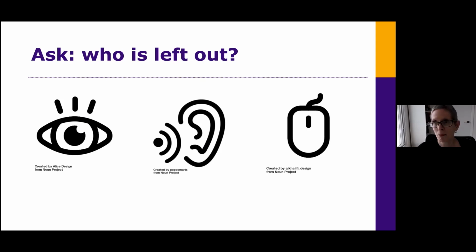So the first thing I always ask myself when I'm putting online instructional content together in something like H5P is, what kind of content am I putting in there and who's being left out? So if I'm putting in something that's visual, for example, can people who have vision impairments get that information in some way? Or if I'm putting up something that's audio and somebody has a hearing impairment, how can they get that information?